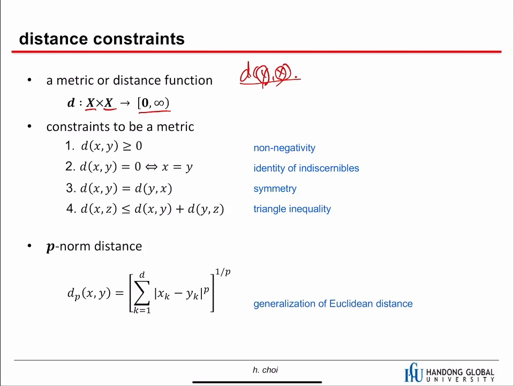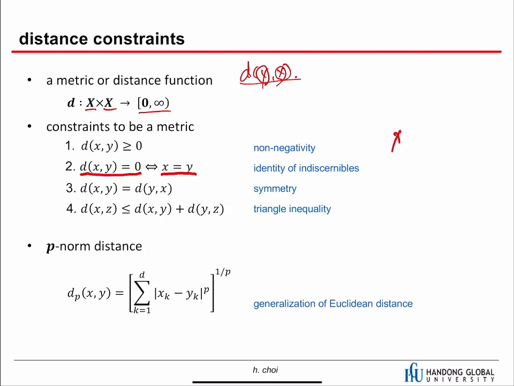First of all, it should be non-negative. No matter what kind of vectors we have, the distance between two vectors should be non-negative. Most of the time it is positive, but it could be zero, but not negative. Then the second constraint is that if the distance is zero, then x and y should be the same thing.